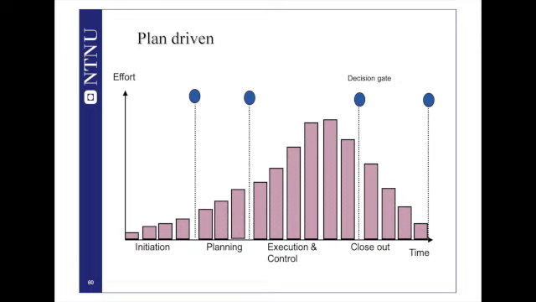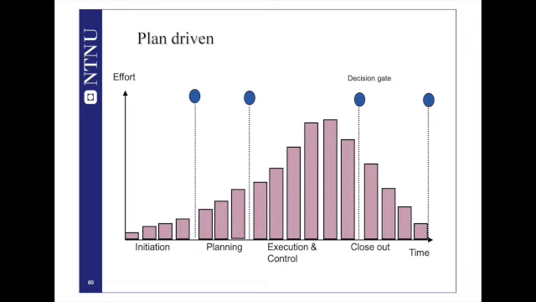Because the uncertainty starts very high and decreases gradually, the impact of that is that your ability to influence is higher at the initiation phase and at the planning phase, because here you try to solve most of your problems, and as you can see the effort is low. But when you start the execution phase, what happens? You see there are a lot of resources, so the cost of changes is very high.